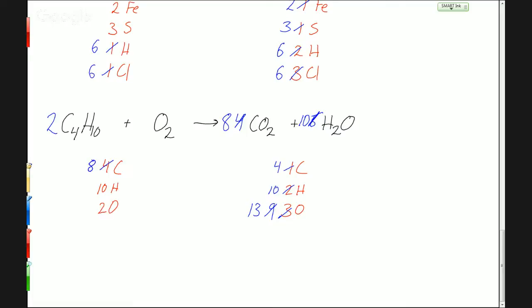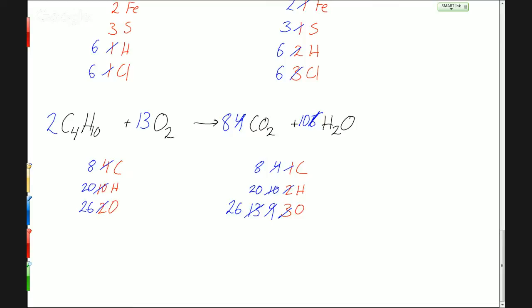Now we've got 8 carbons, 20 hydrogens, and over here, 8, still 20. And now instead of 13 oxygens, we're going to have 26. Right? 16 and 10 is 26. 2 times 13 is 26.